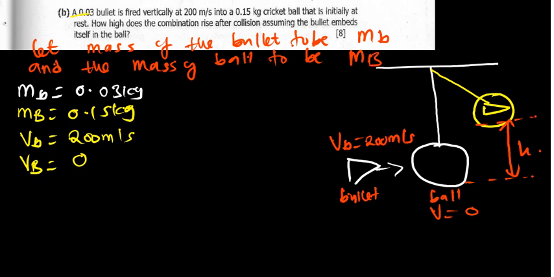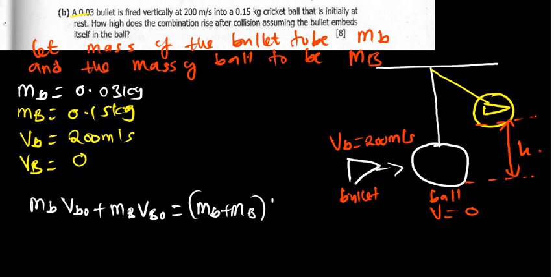It is mb vb initial plus the mass of the ball times the velocity of the ball initially, equal to, since they are moving with the same velocity, the sum of the two masses times the final velocity. If this was an elastic collision, then you would use the formula for elastic collision.